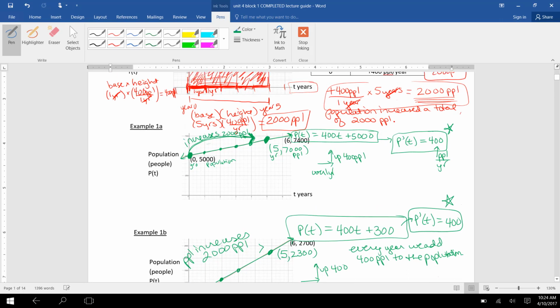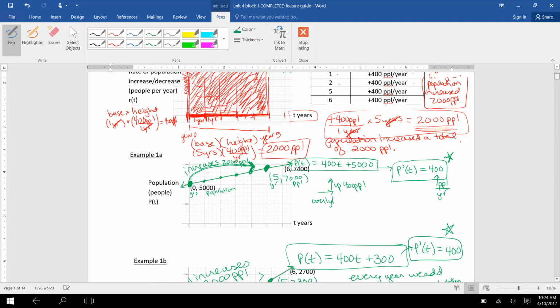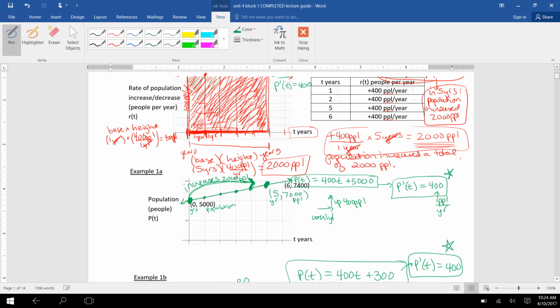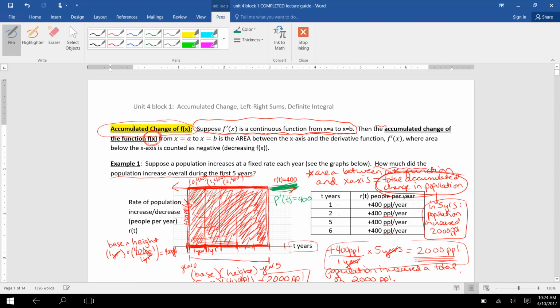The rate function, which was r of t equals 400, finding the area between the rate function and the x-axis told us how much the population increased in total during that time period. So let's read this one more time. Suppose f prime is a continuous function from x equals a to x equals b.